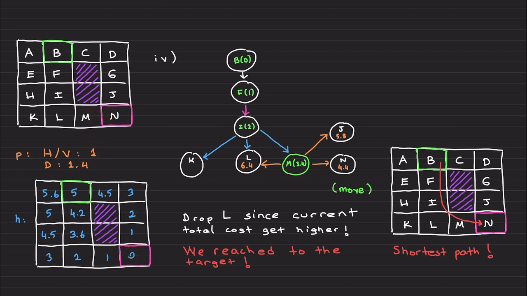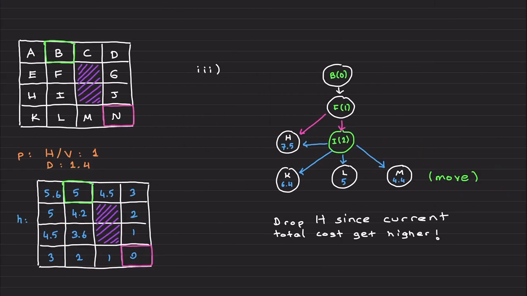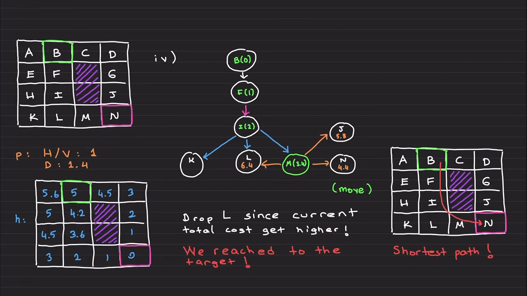So this is the shortest path. Starting from here, if you move like this, you get the shortest path. And to be complete, you can also drop L, since the current value of L is higher than the previous value, which was 5, and it got higher. I am also dropping them from the graph, so you reach the target.